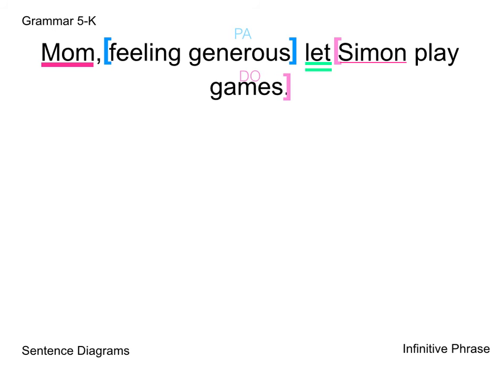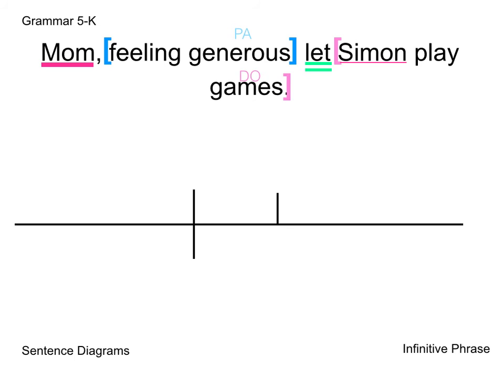I can start making my diagram. I have one long line. I intersect it, so I have a subject and predicate, and then I have a DO, so I make another line like that. Since I have an infinitive phrase, I need a pedestal, and then I'm going to have a very long line to write all of my infinitive phrase on.